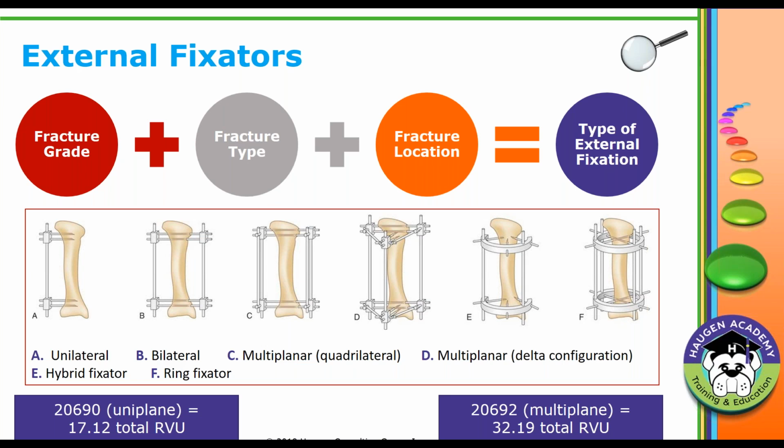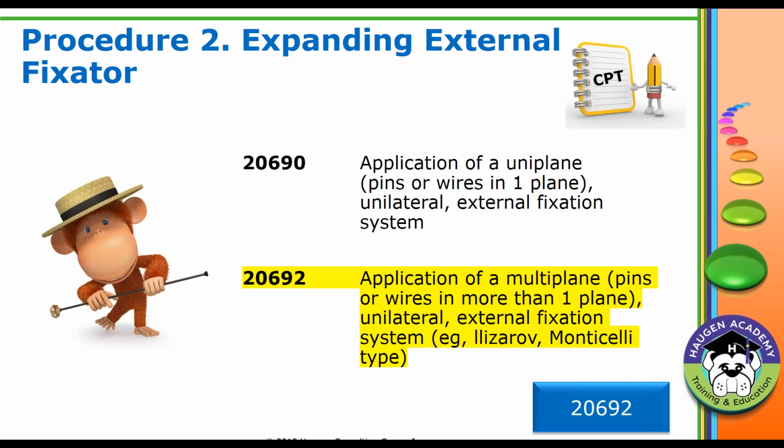But I also put the RVUs on this slide because I wanted you to see there's a big difference in RVUs. So you want to make sure you choose the right fixator if your surgeon's doing that. So our second CPT code is going to be the 20692 for application of that delta plane external fixator.